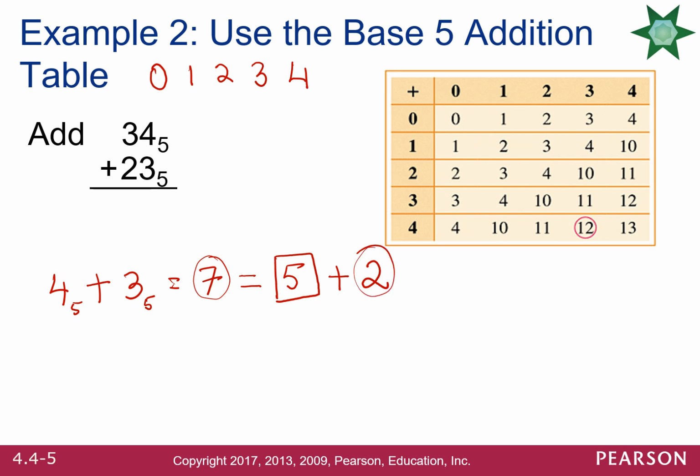So we are going to write this leftover value, which is a 2, under the rightmost column, the one under 4 and 3. It's going to be a 2, and I'm going to subscript this with a 5. And this one bundle of 5 is going to be carried over to the next column here.